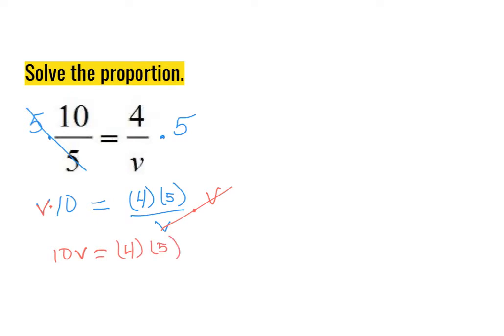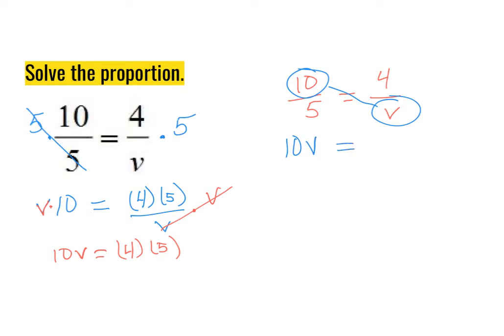But I want to show you how we would solve this proportion in a little bit of a faster way, which is basically combining those two steps I did into one. So whenever I have a proportion, meaning two fractions set equal to each other, like 10 over 5 equals 4 over v, I could cross multiply. So I could take the numerator of one, denominator of the other ratio, multiply them, so 10 times v, or 10v.